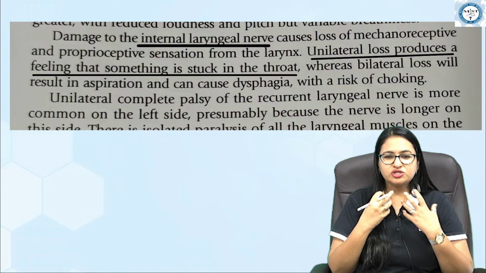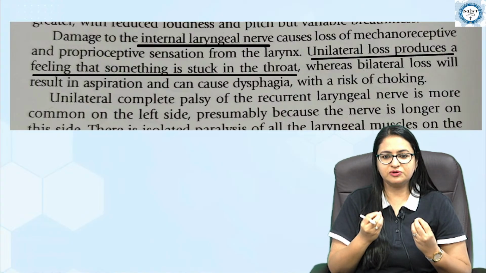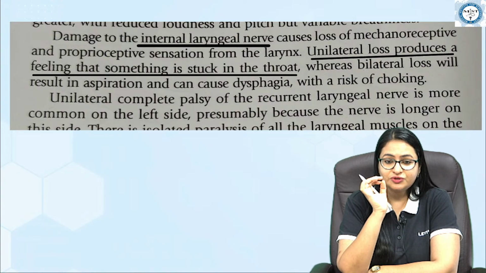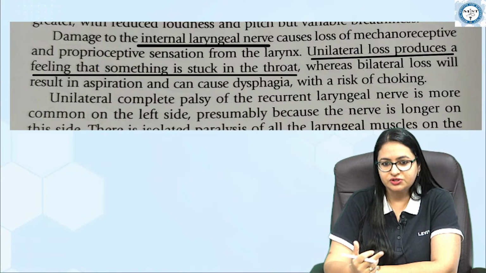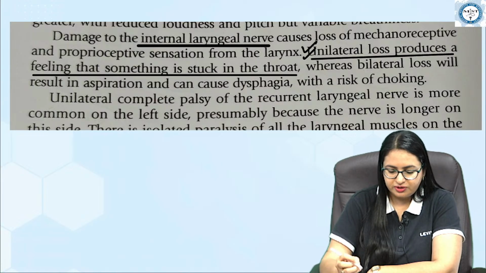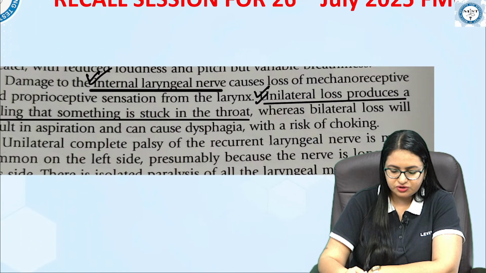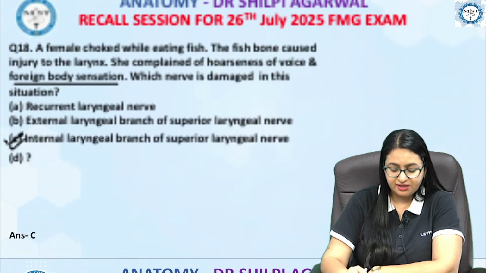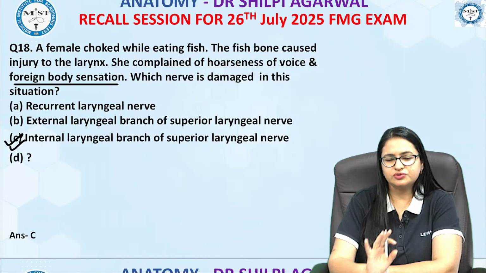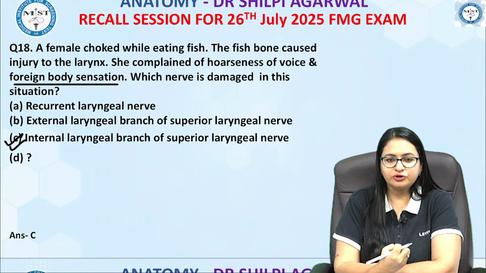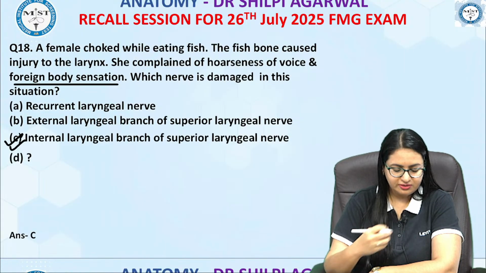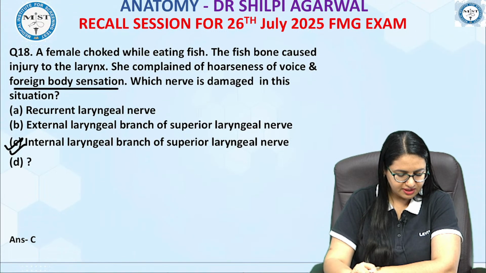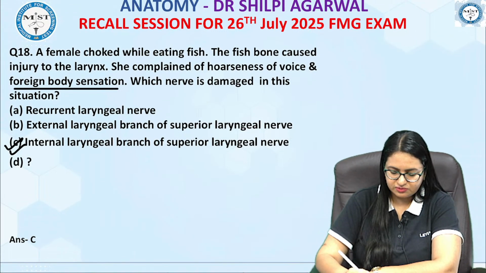This is a characteristic feature of internal laryngeal nerve injury. So we have understood that there is a foreign body sensation, and there can be very slight hoarseness also, but the main thing is the foreign body sensation, as if something is stuck here. So the answer is the internal laryngeal branch.